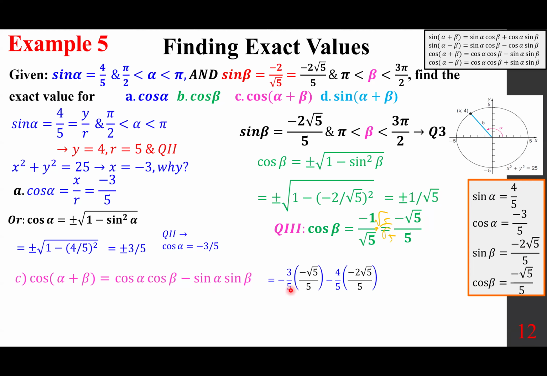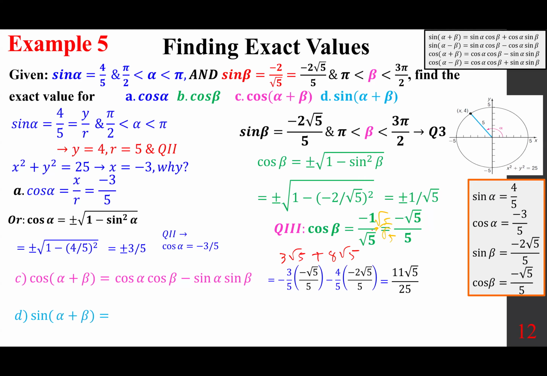I hope you recognize the denominator as 25 for everything. So negative 3 times negative square root of 5 is 3 square root of 5. Minus minus becomes positive 8 square root of 5. So I hope you see that you have 11 square root of 5 in the numerator, and the denominator is 25.